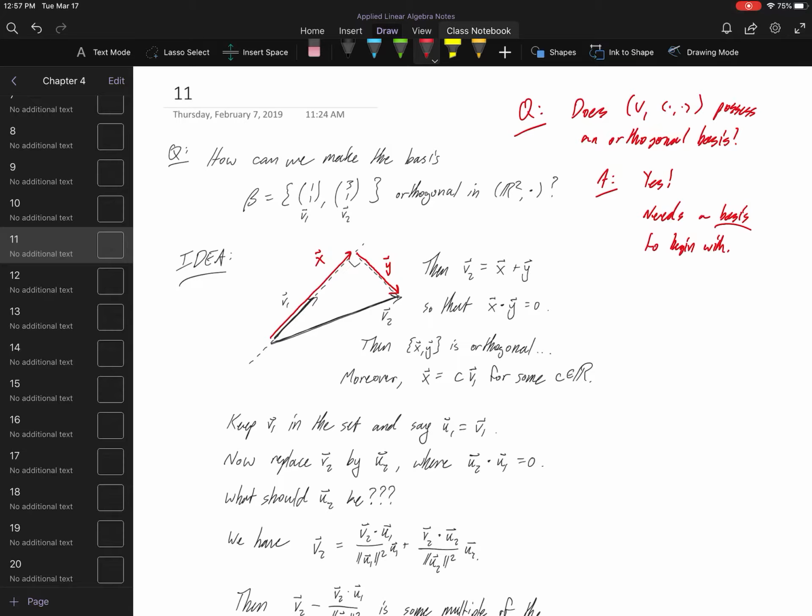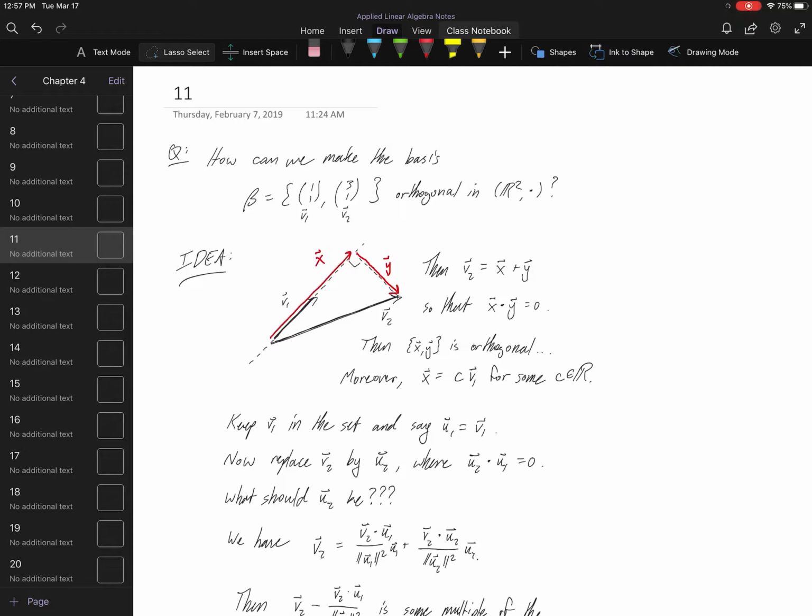We're going to modify an existing basis to turn it into an orthogonal one. This is the idea behind the Gram-Schmidt process. We're going to try to outline it as best as we can intuitively here before we state the actual theorem behind how we know that every inner product space has an orthogonal basis.